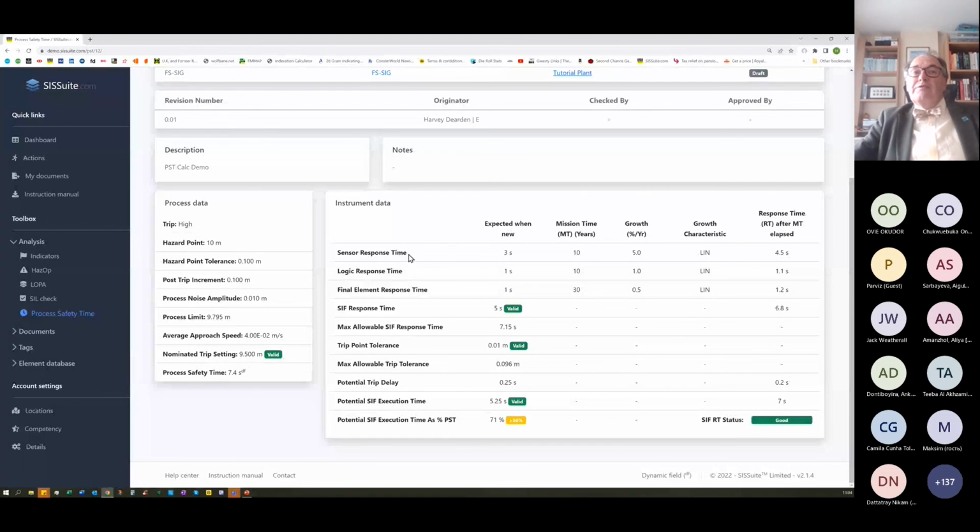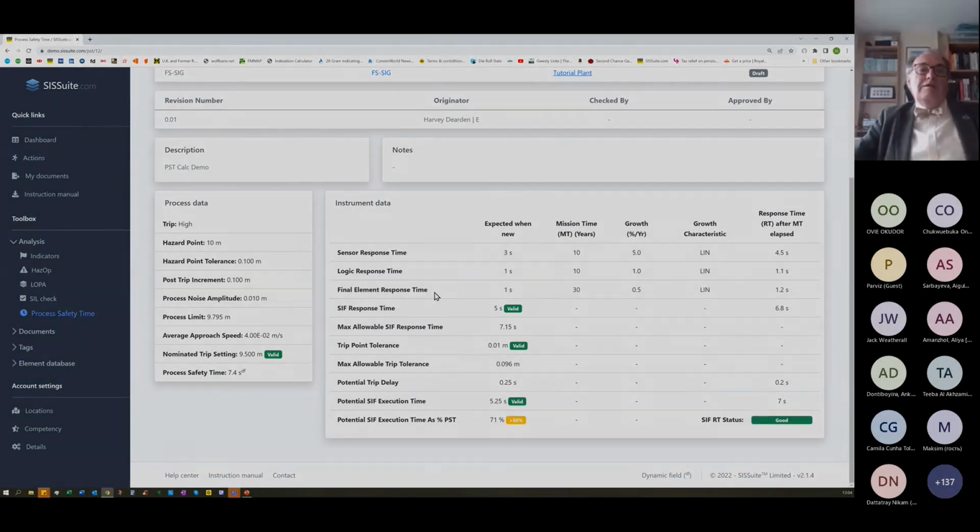Sensor response time could be an issue, particularly if the process is subject to fouling, coating, developing on sensors, thermal wells, etc. Big valves, of course, if they're suffering fouling or the seals are beginning to degrade, could introduce stiction into the valve travel, could, of course, cause some growth there.